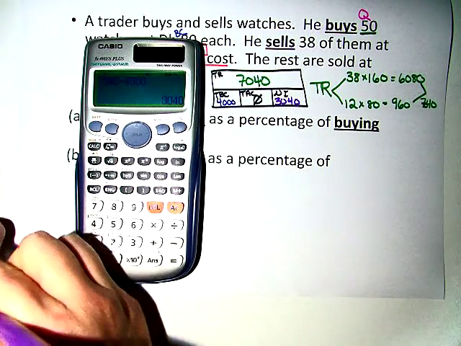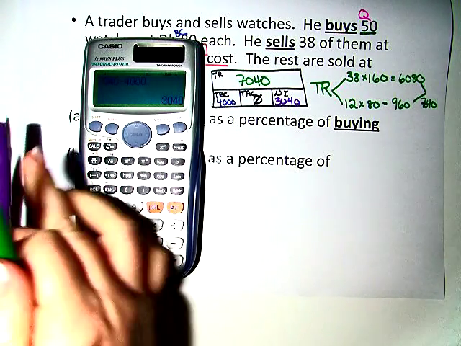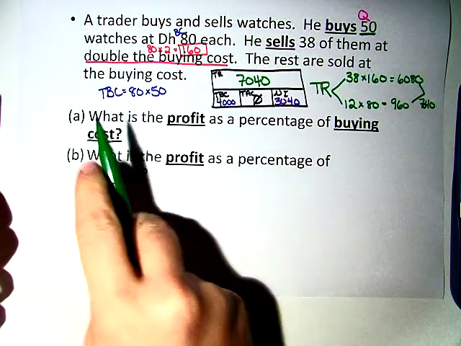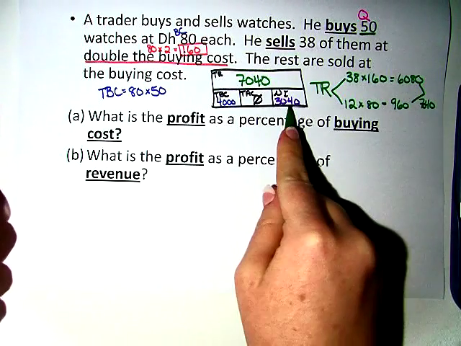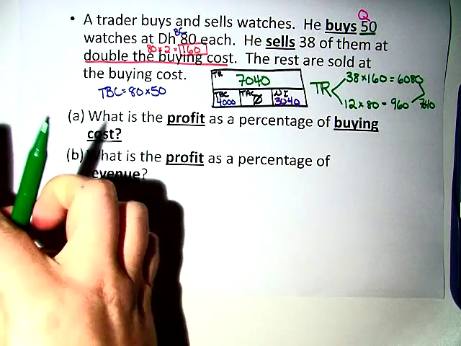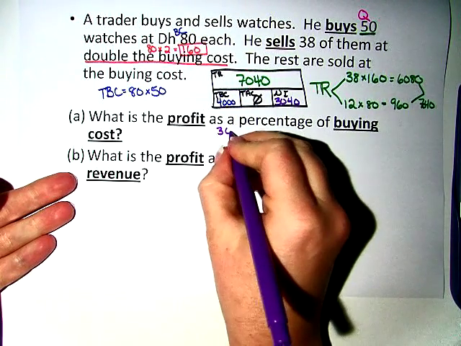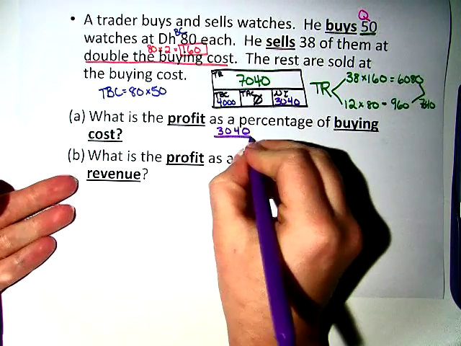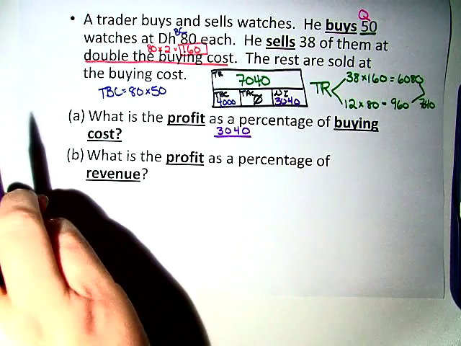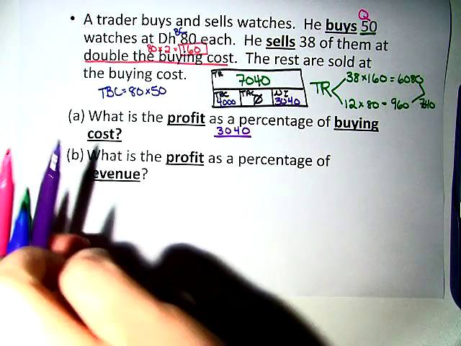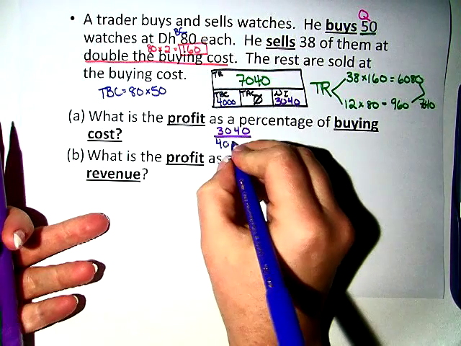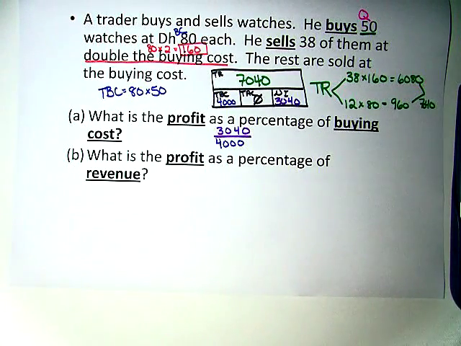3,040. So if they're asking, like in the first one, what is the profit, our net income, as a percentage of buying cost? Okay, so 3,040 as a percentage of total buying cost, 4,000. Now it's interesting, they didn't actually mention total buying cost, they just said buying cost, BC.